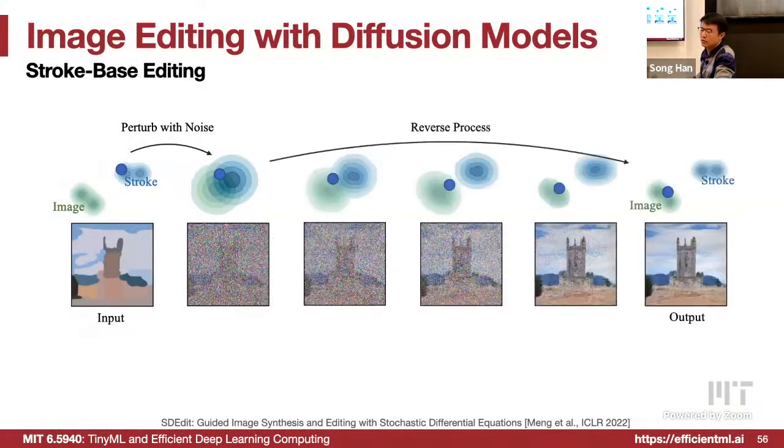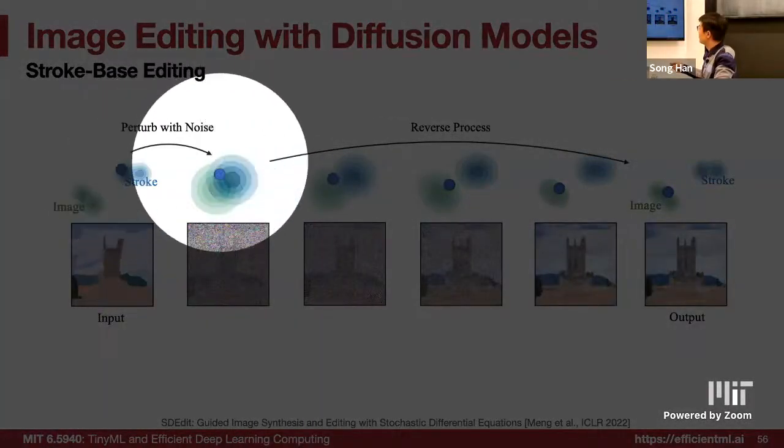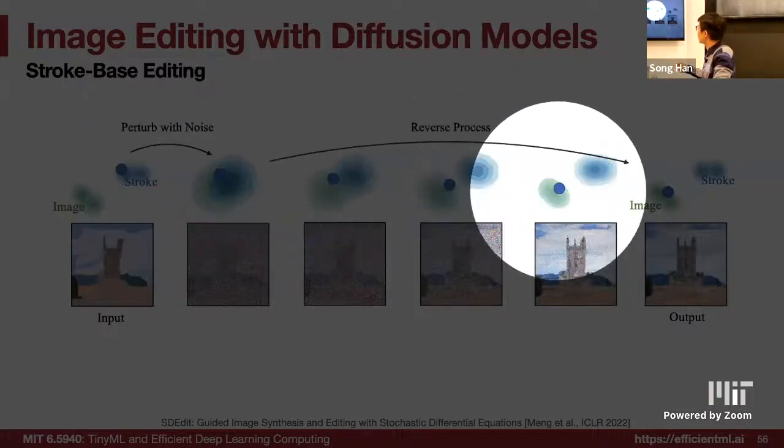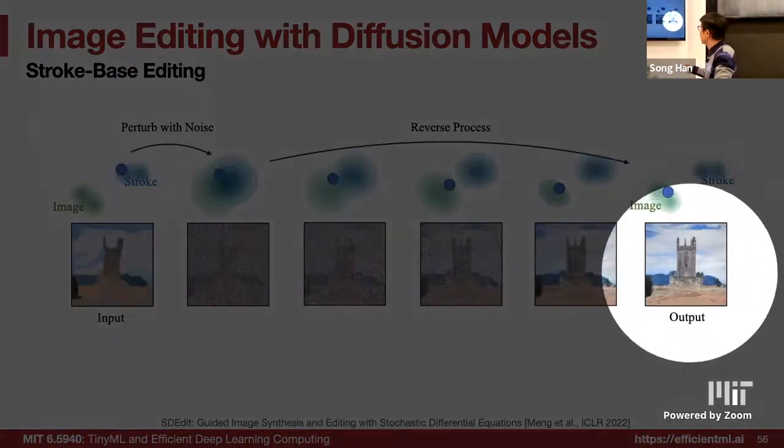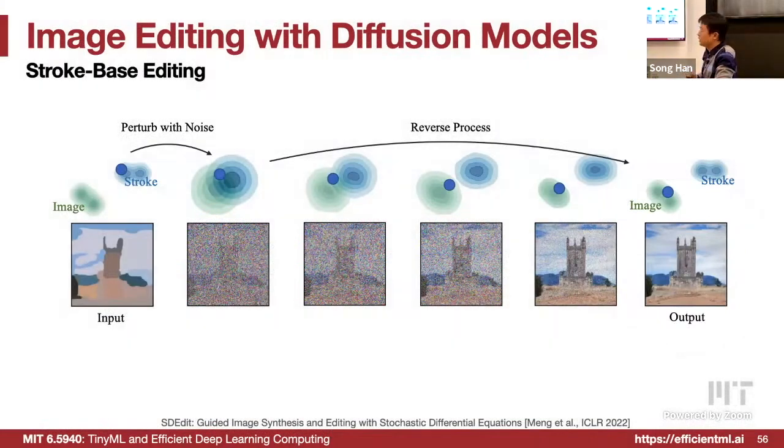And then we do the reverse process to gradually denoise. We can move this blue dot closer and closer to the center of the green region, which is the image space, so that the output looks like a castle in this case.